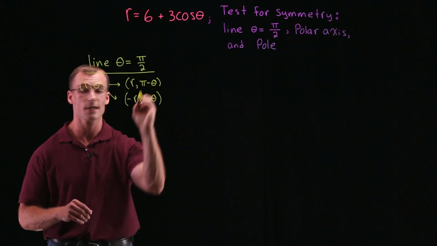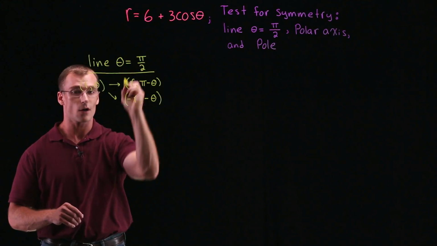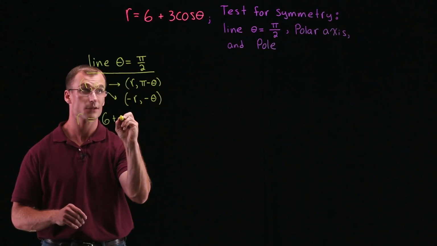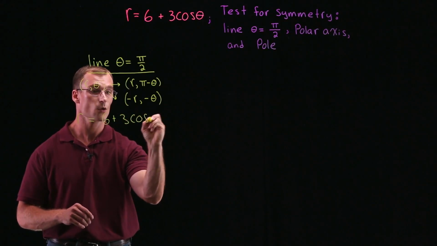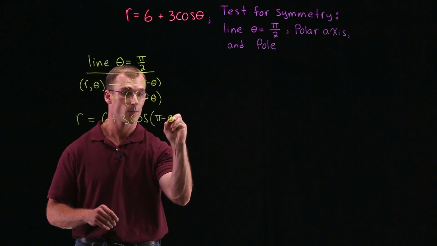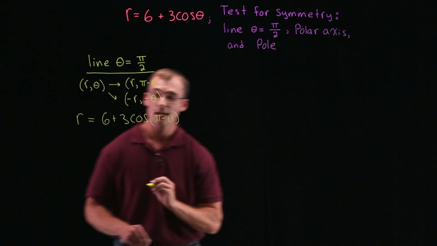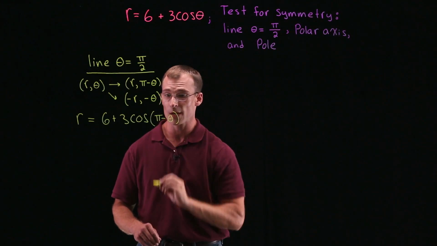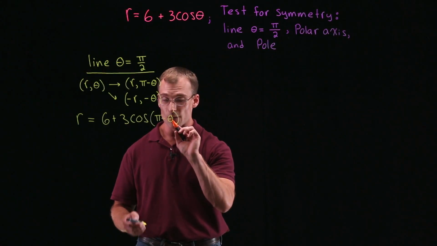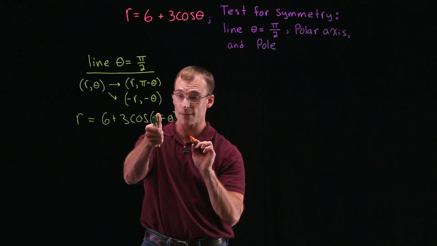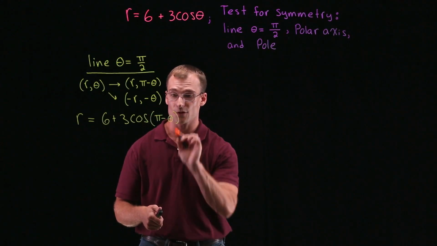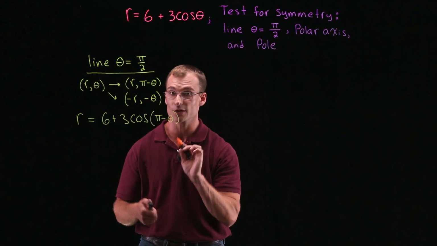So let's look at our first point. r for r just leaves us with r, equal to 6 plus 3 times cosine, and instead of theta we substitute pi minus theta. Now what is cosine of pi minus theta? Getting rid of the pi, we have cosine of negative theta, but cosine is an even function, so that's the same as cosine of theta.